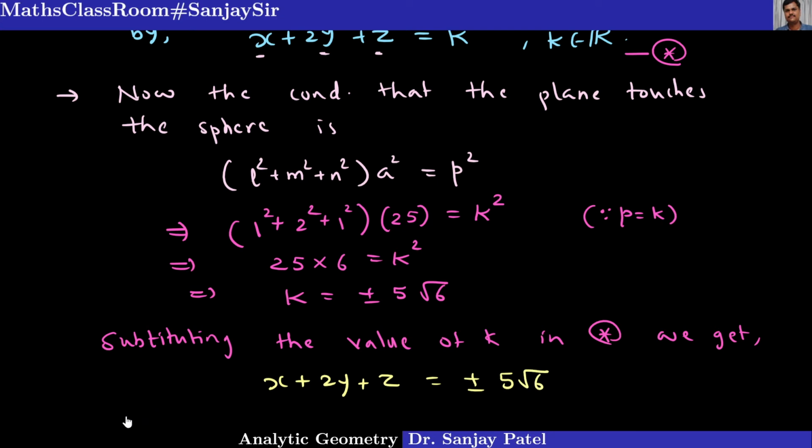Okay, and remember, the plus sign gives one equation, the minus sign gives another equation. So there are two equations and both are tangent planes to the sphere. So these are the required tangent planes.